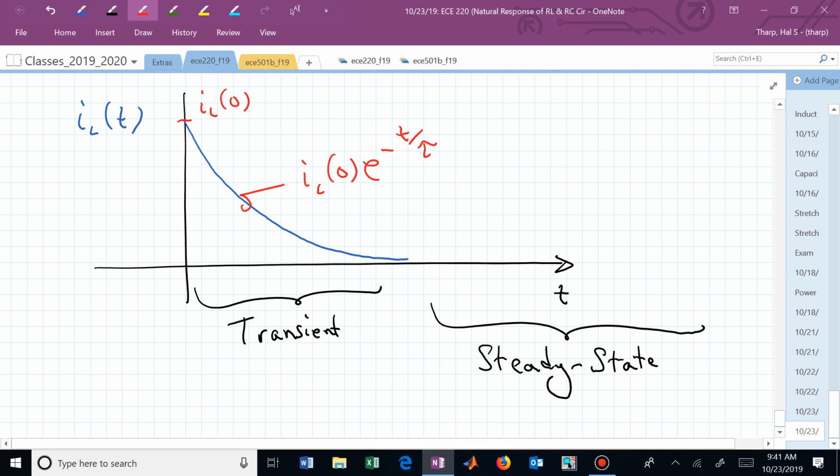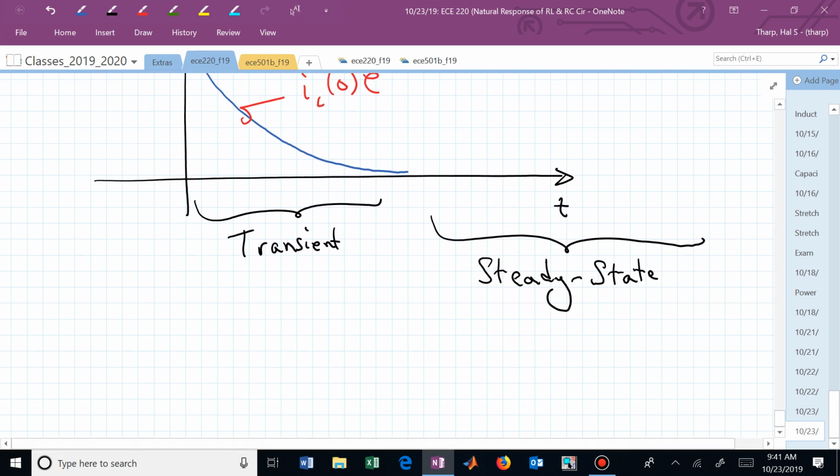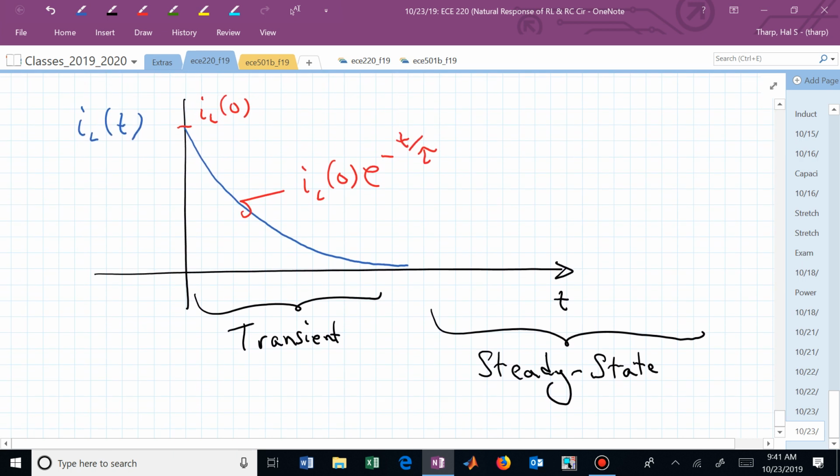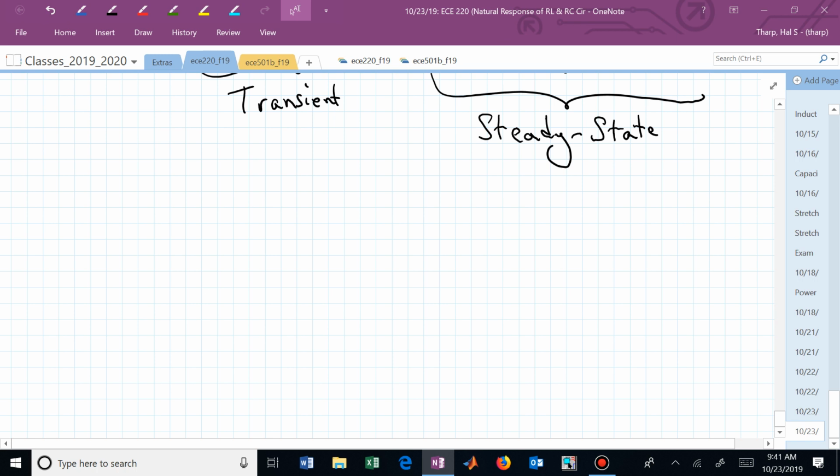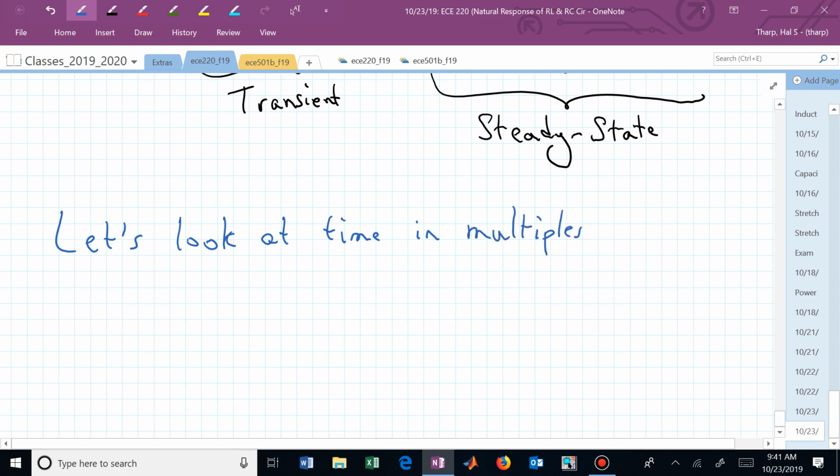If we are 1 tau away, and that's called one time step or one time constant into that functional expression, what's the value of I sub L of t? So let's now just create our own table. Let's look at what this current does in multiples of our time constant tau.